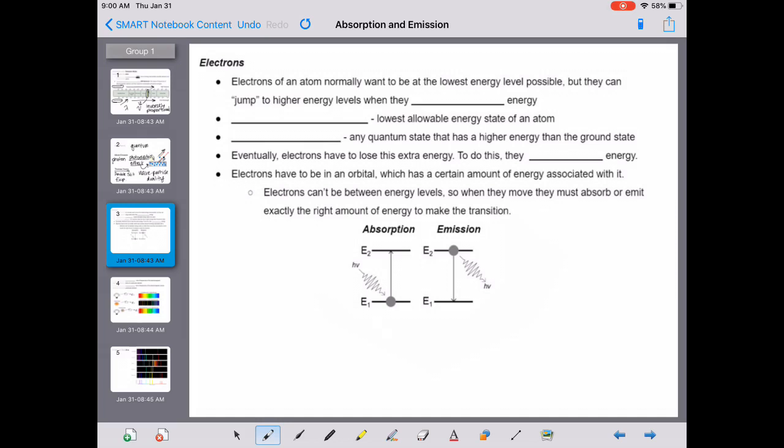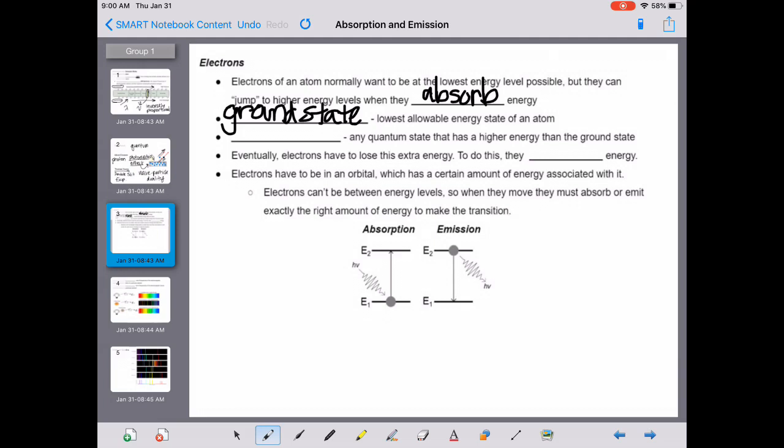They can jump to a higher energy level when they absorb energy. So we have names for the lowest possible energy level, and then the energy levels that electrons jump to when they absorb this energy, and we call the lowest available energy state the ground state.